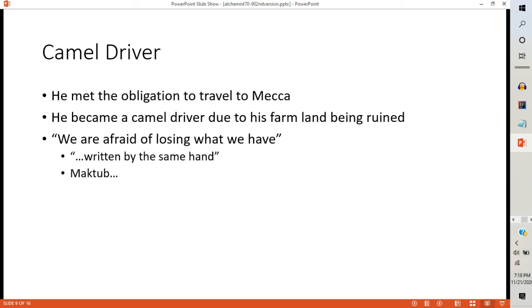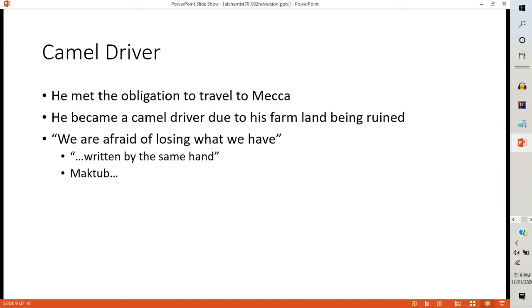And then we're introduced to a camel driver. The camel driver is talking to Santiago, and he tells him, first of all, how he met his obligation to travel to Mecca, something that the crystal merchant didn't. Okay?